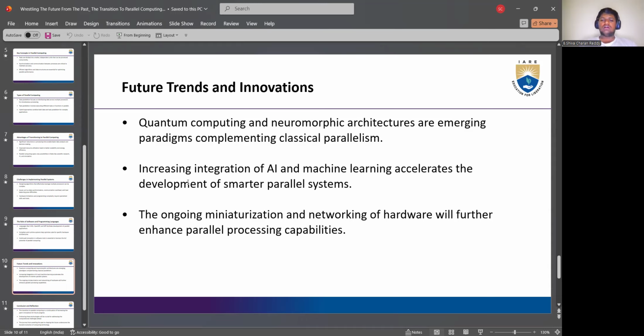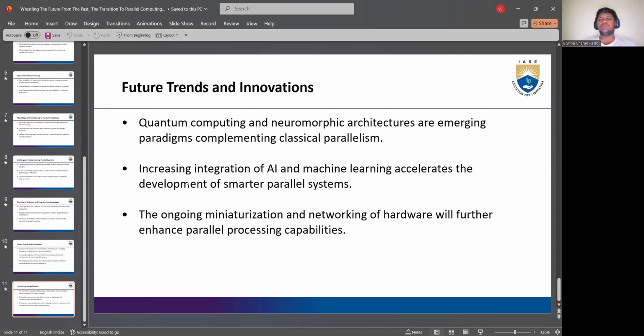The ongoing miniaturization of hardware is also going to help us enhance processing capabilities, by gathering a small amount of systems at a single point, which may give us a huge amount of processing power, which may help in parallel computing.